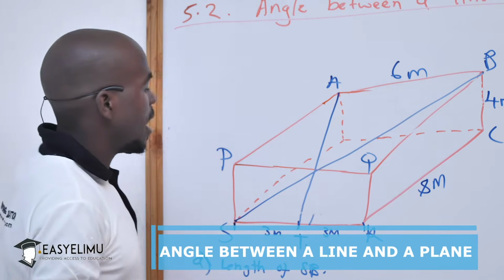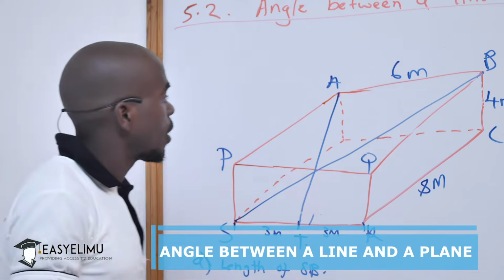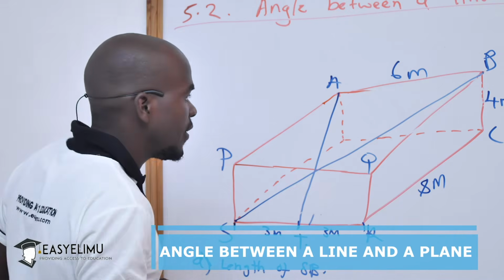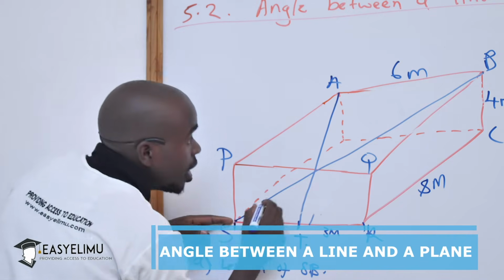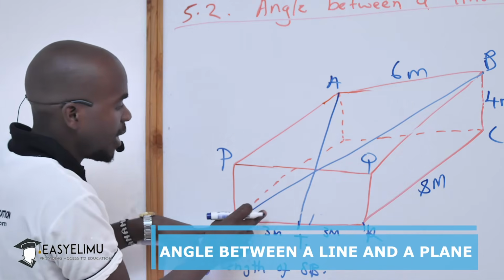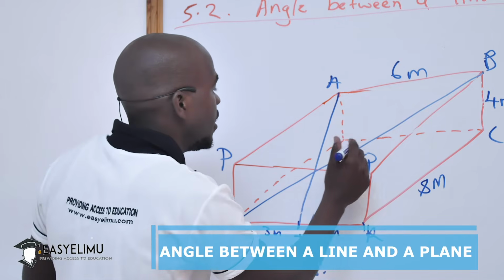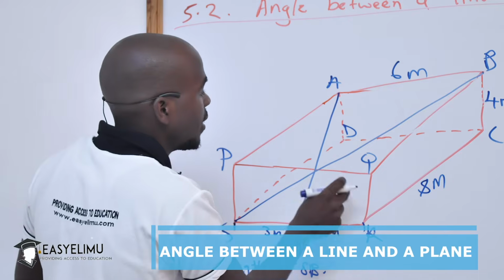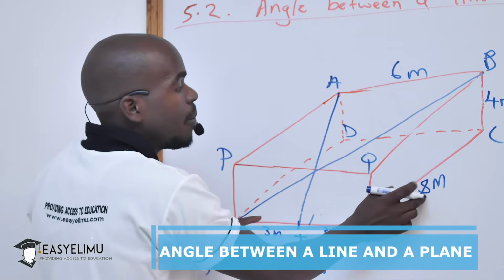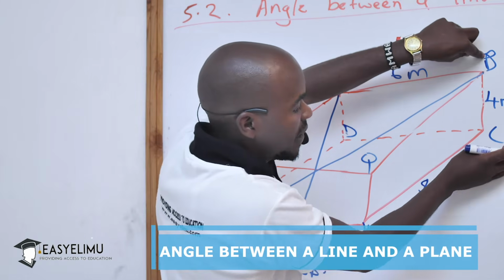How can we find the length of SB? If you view it very well, you will find that SB is forming something of the sort. You will find it is running from S to B, cutting the plane SRCD, this plane SRCD, the lower plane, and also touches the BC line.